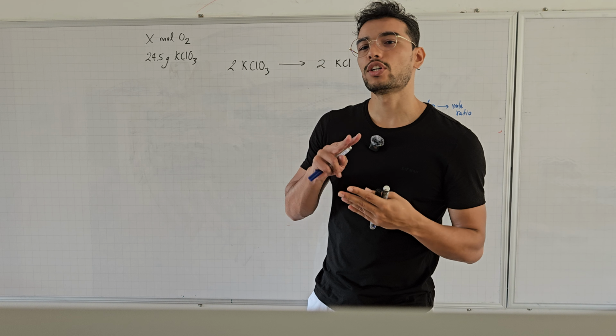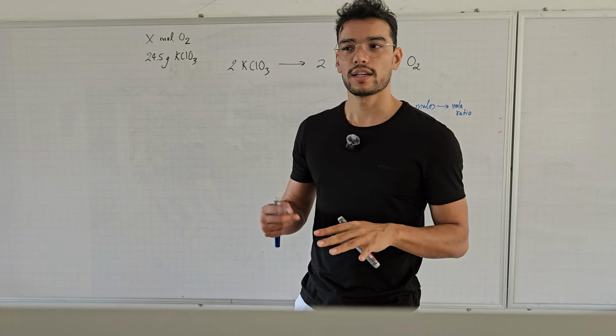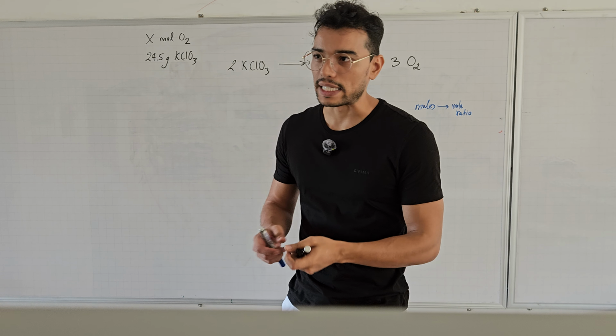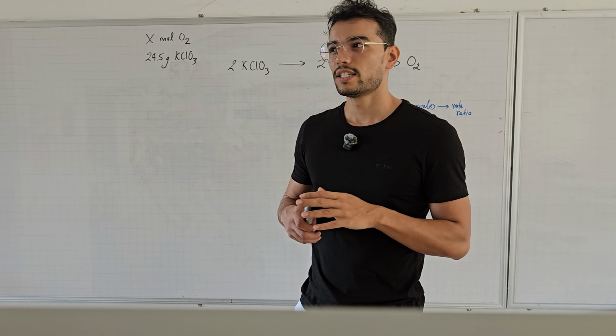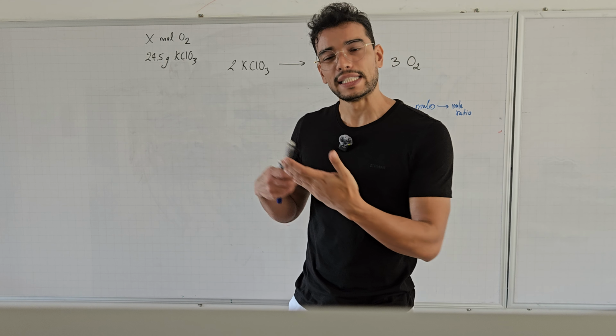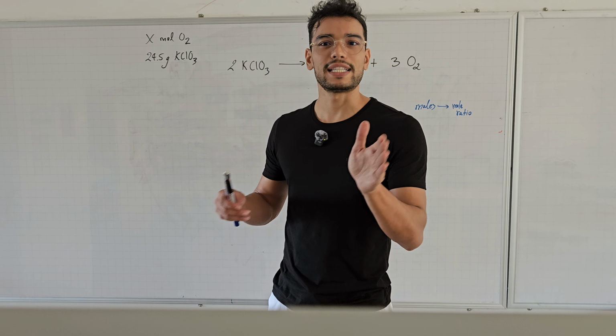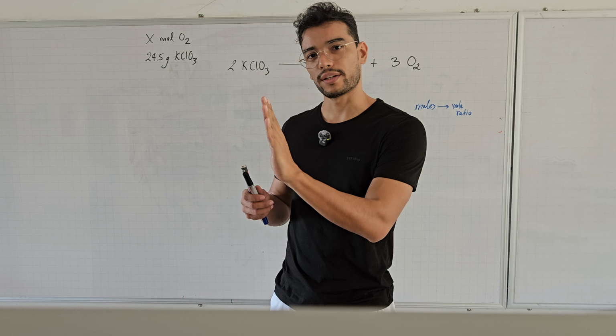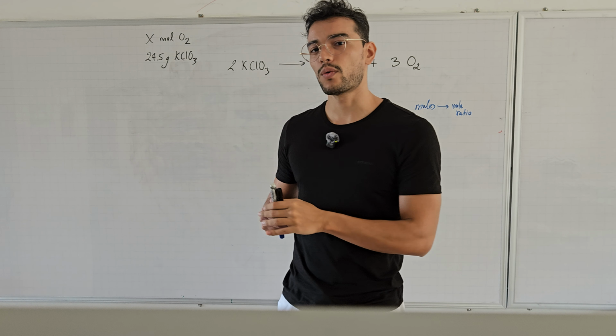So it's a mole ratio of 2 to 1. If I have, for instance, 12 slices of bread, I will need 6 slices of jam, because that's the relationship, 2 to 1. Every 2, I require 1.